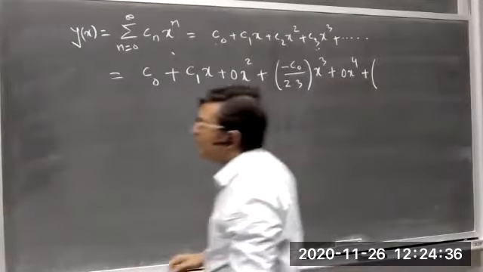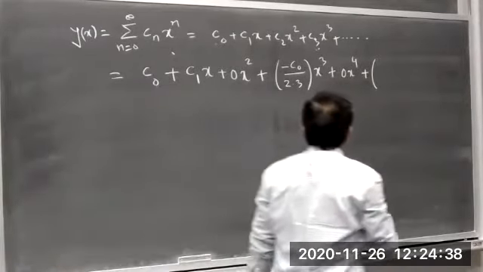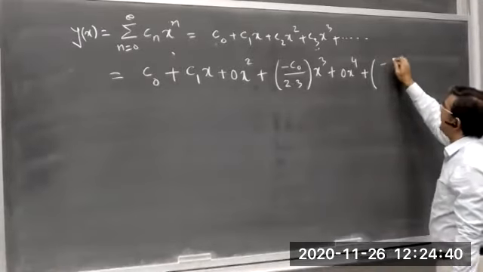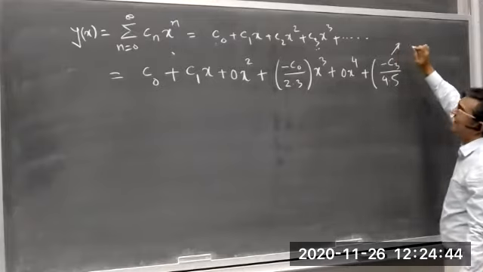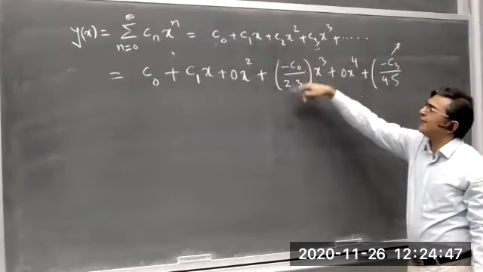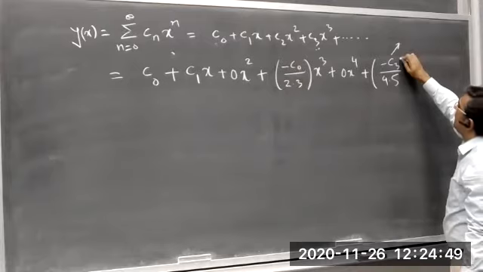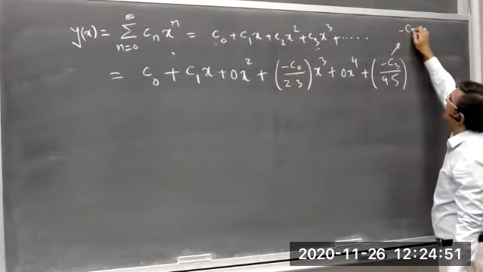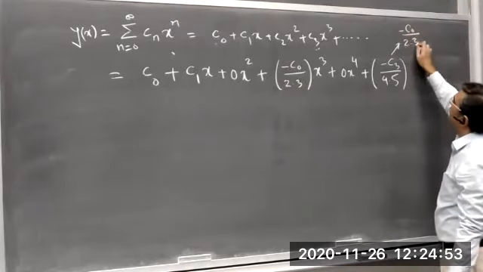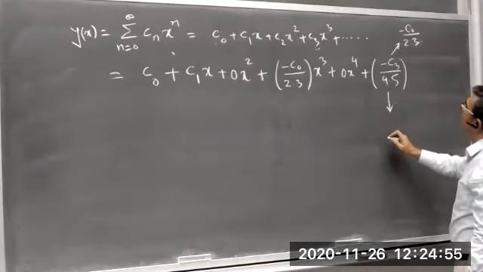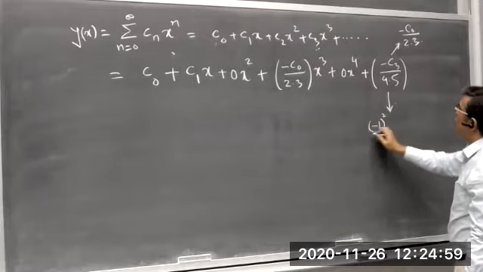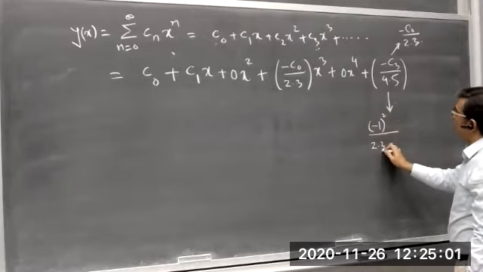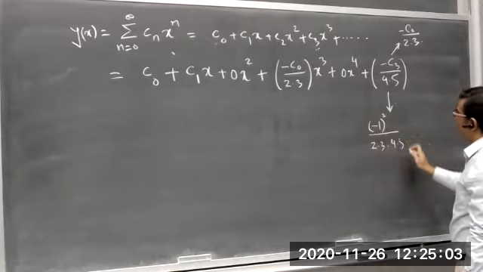c5 is negative c3 divided by 4 into 5. But we know that c3 is negative c0 divided by 2 into 3. So in fact, this constant becomes minus into minus, negative 1 raised to power 2 divided by 2 into 3 into 4 into 5.